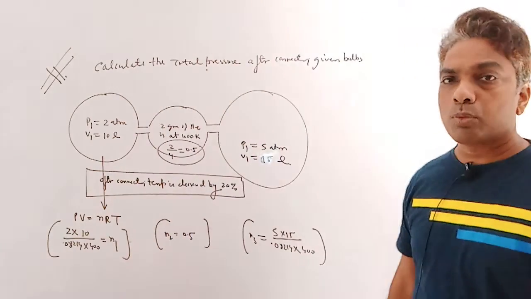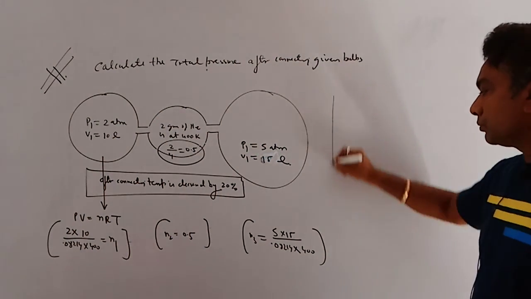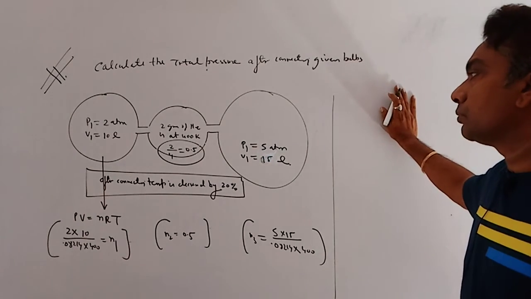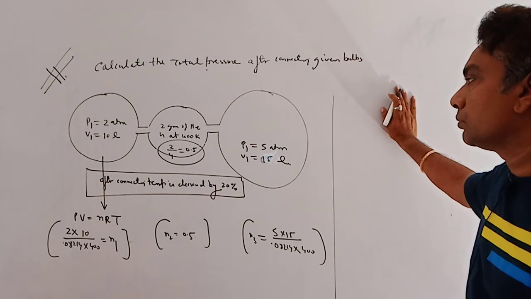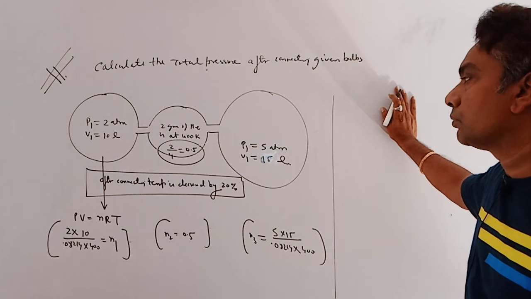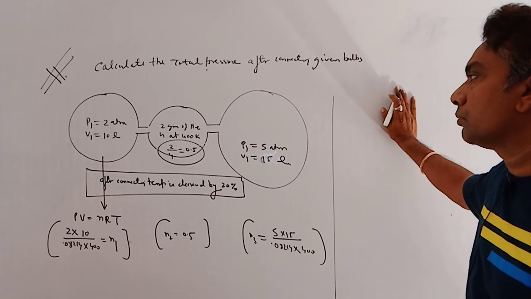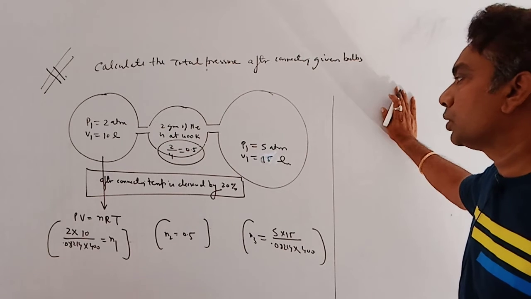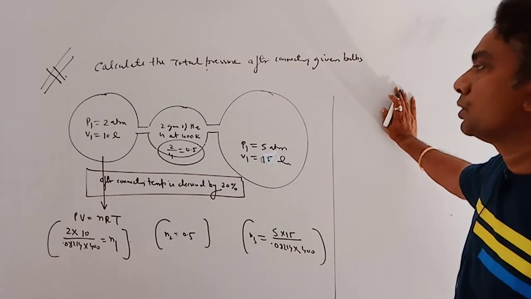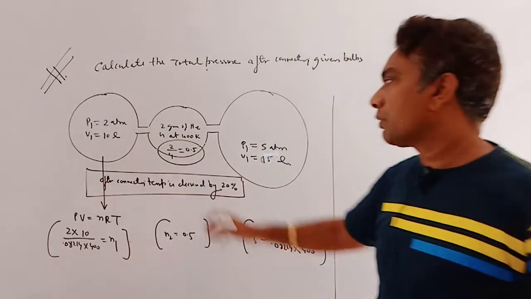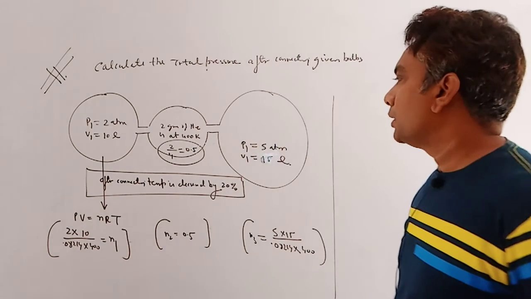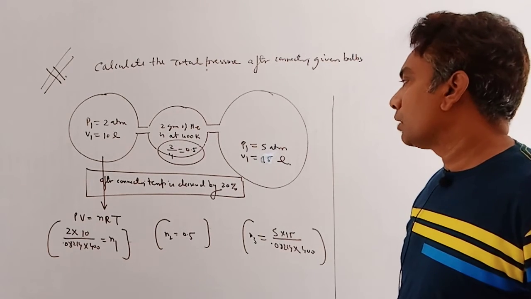So total number of moles becomes N1 plus N2 plus N3. In the third bulb, pressure and volume both are unknown, so we can't calculate the total volume of the container.